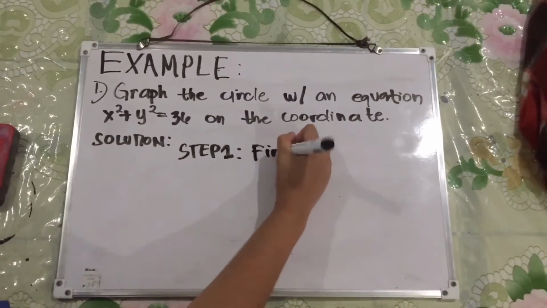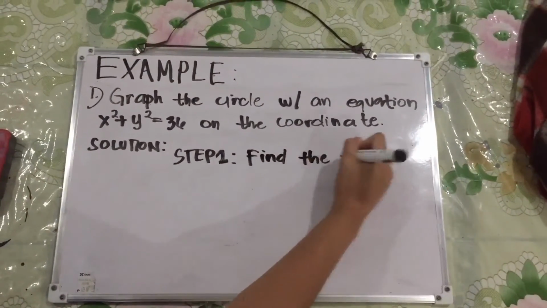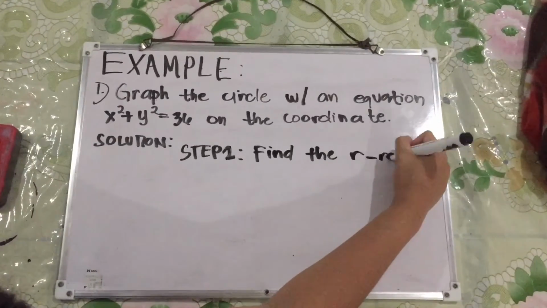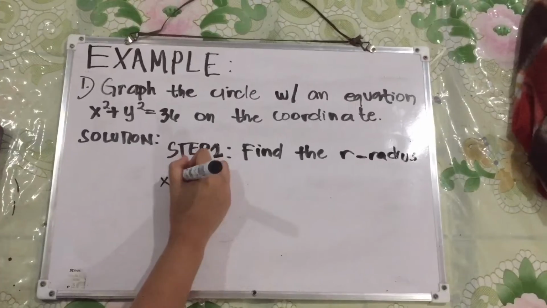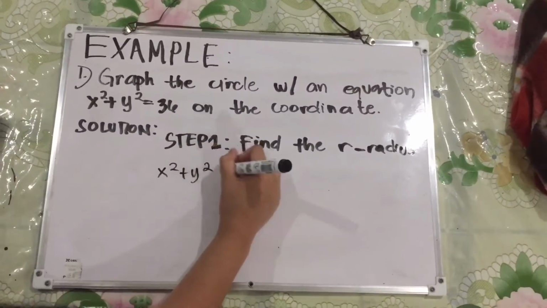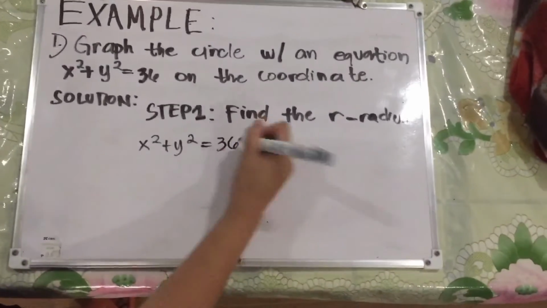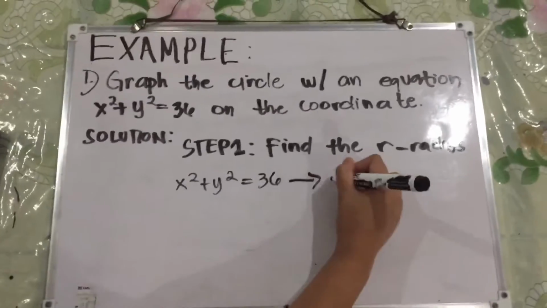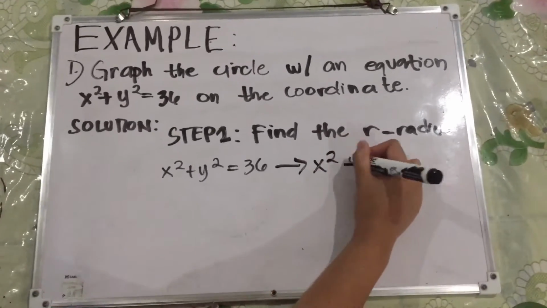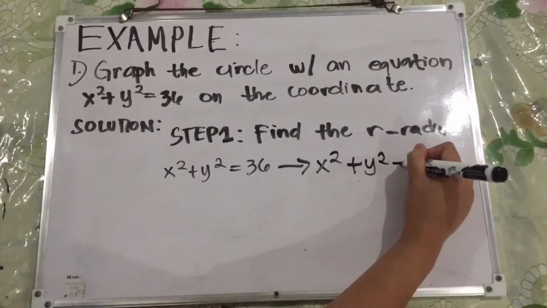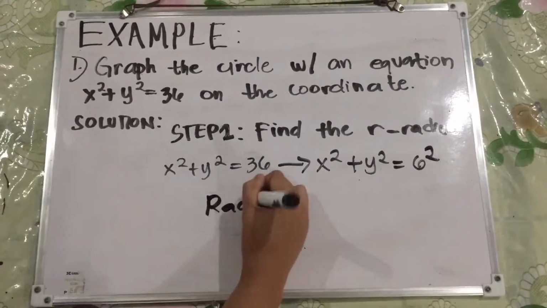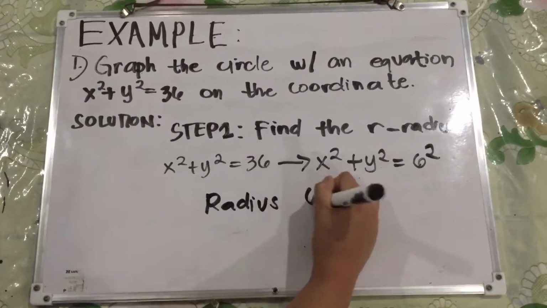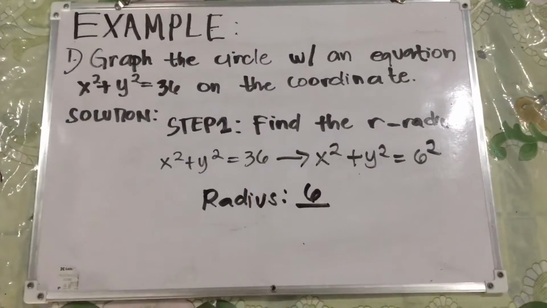So we have to find the r, or the radius. From the given x squared plus y squared equals 36, that is x squared plus y squared equals 6 squared. So our radius is 6.